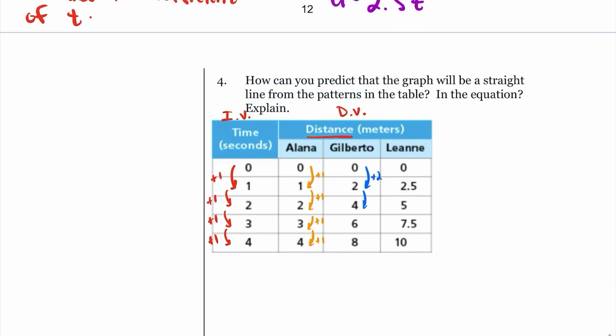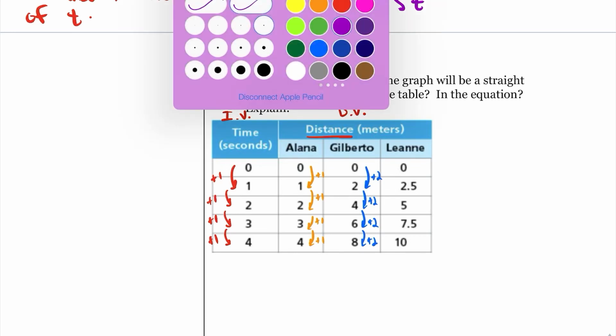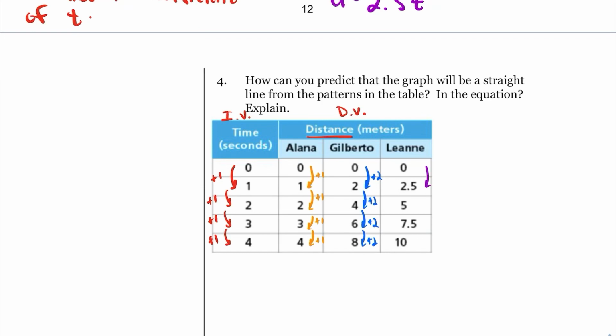You might remember that we are adding 2 every single time. Adding 2, adding 2. So again, our dependent variable is increasing by a constant amount, and our independent variable is also increasing by a constant amount. And then we're going to oblige Leanne here, and say that their distance is increasing by 2.5 meters every second.